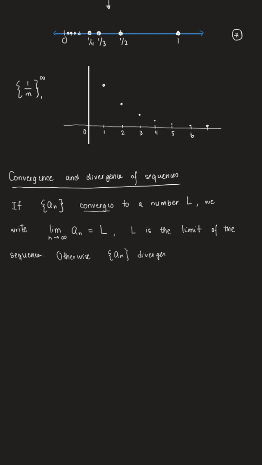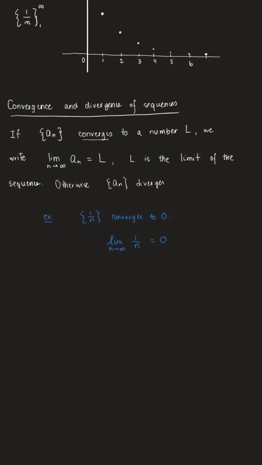Some examples. We know already that this sequence converges, and it actually converges to 0. Why? Well, if we take the limit as n approaches infinity of the nth term, 1 over n, that's just going to go to 0. The values in our list are getting closer and closer to 0 as n gets large.